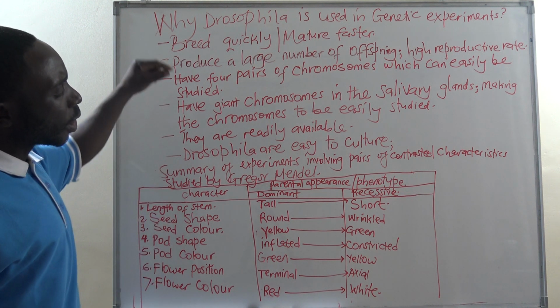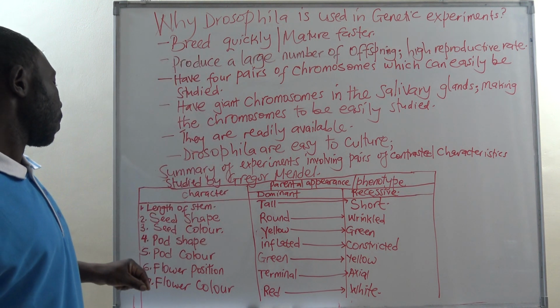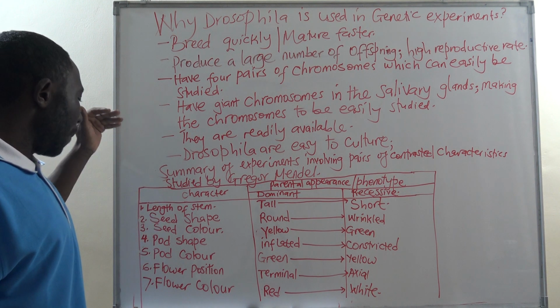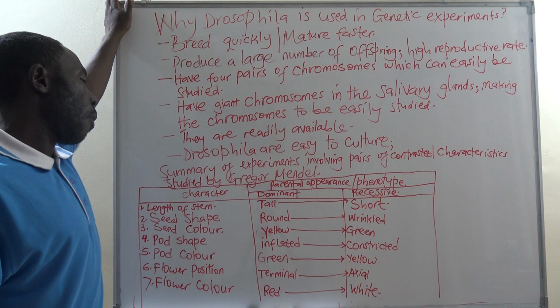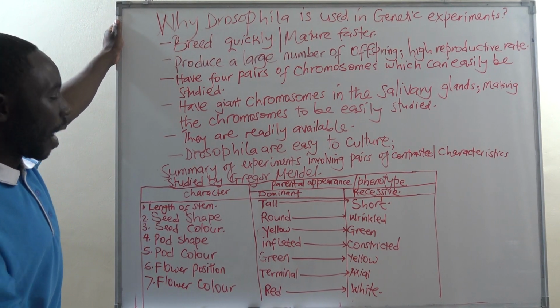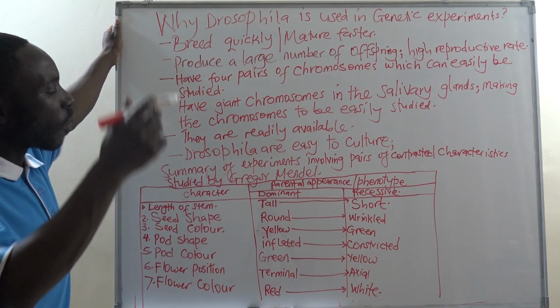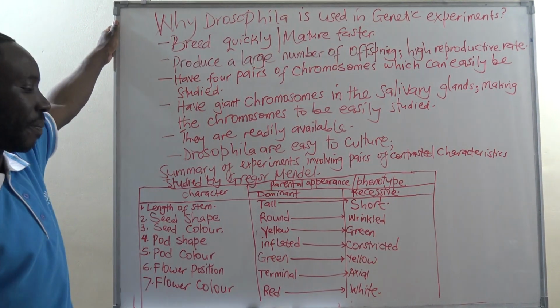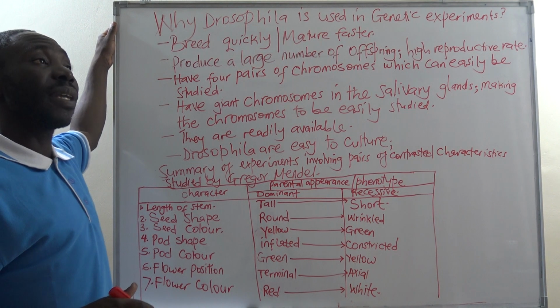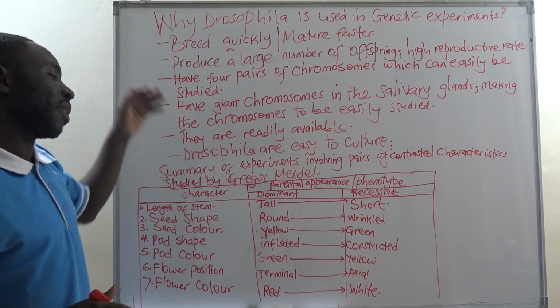Now, in all cases, when Mendel made his crosses in the F2 generation, a phenotypic ratio of 3:1 was always obtained. Practically, it was not the exact one.